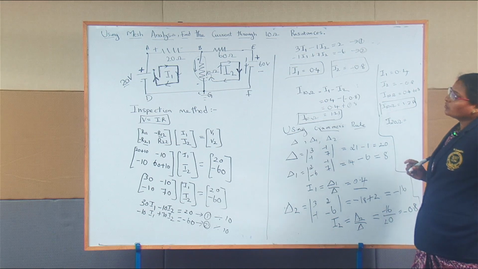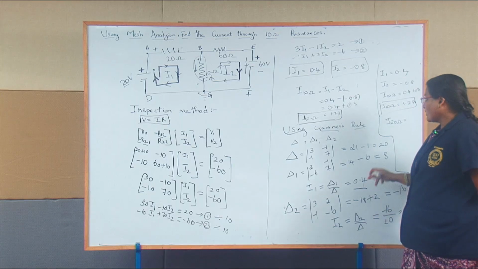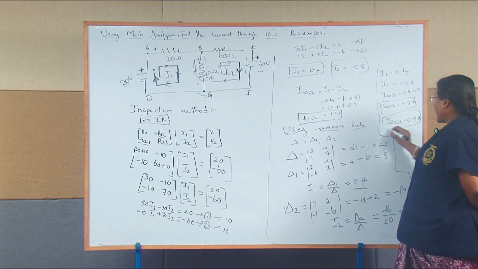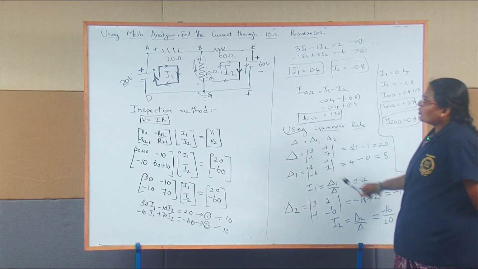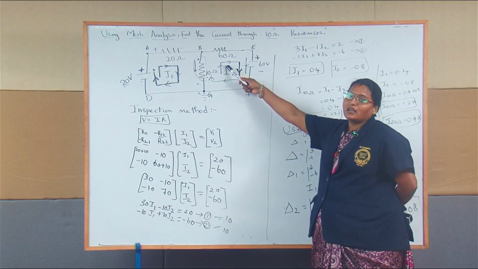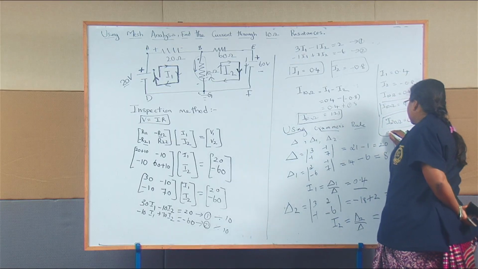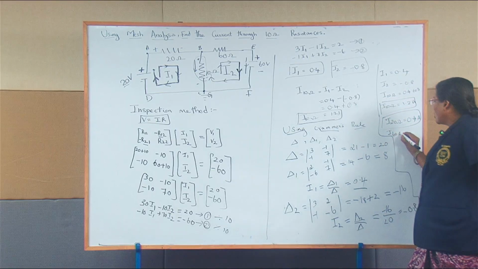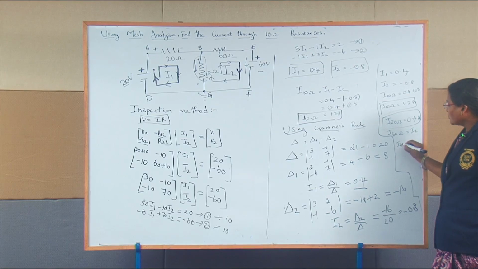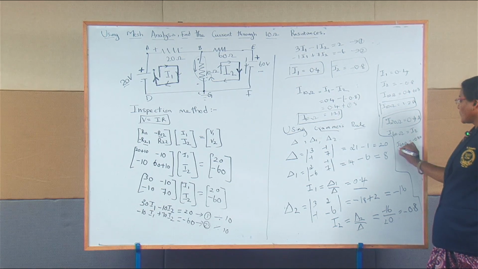What is your I1 value? It is 0.4 amps. Suppose they are asking for the branch current flowing through this 60 ohm resistor, this is also an independent resistor. So I60 ohms is nothing but I2. So the current flowing through this 60 ohm resistor is minus 0.8 amps.